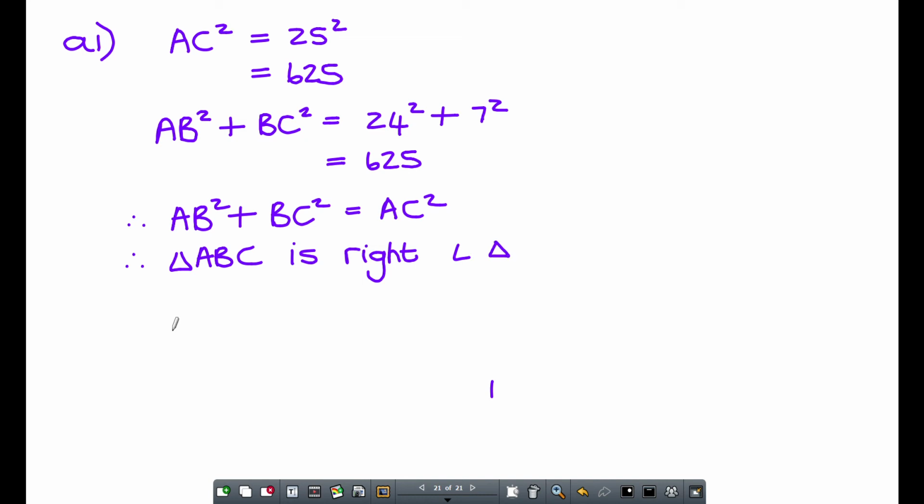And the 90 degrees angle, yeah? The right angle will be opposite my hypotenuse, meaning the longest side. And the longest side was AC.